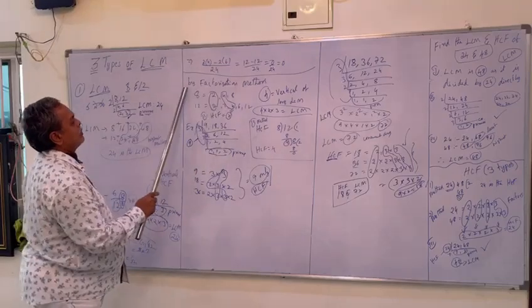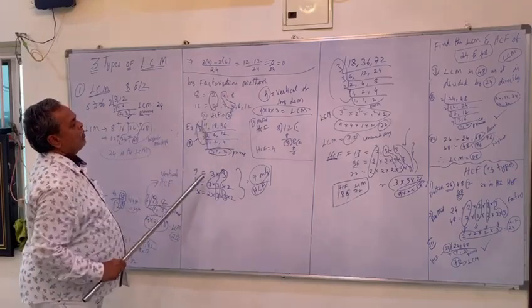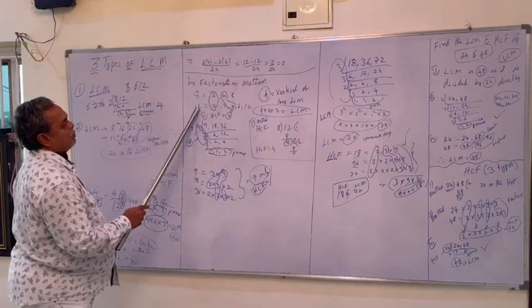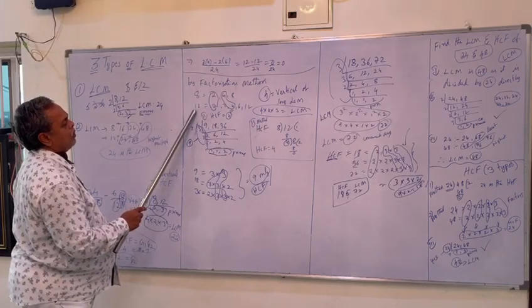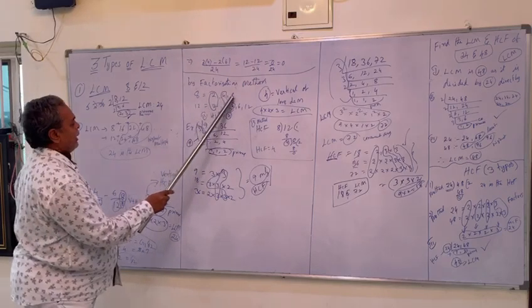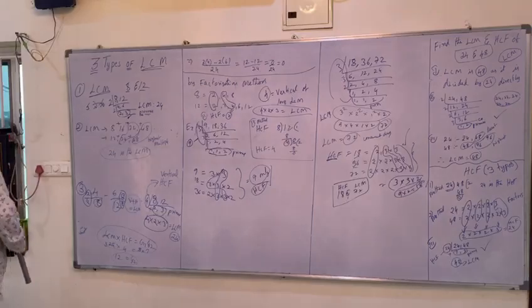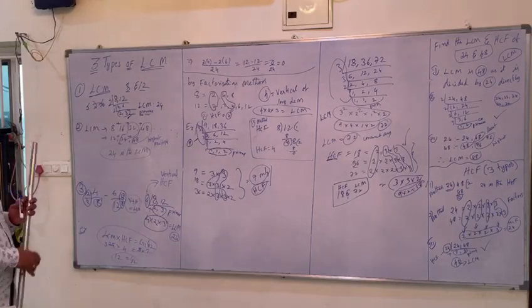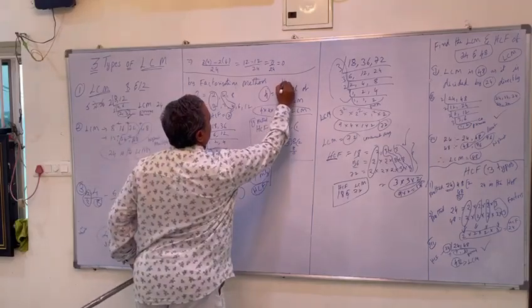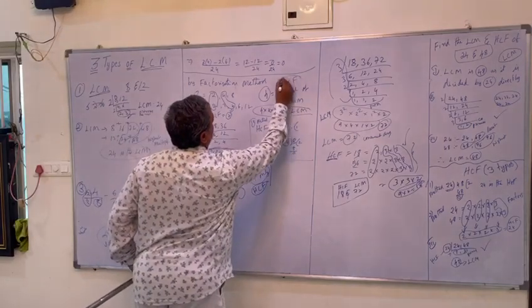Now by the factorization method. For 8 and 12, the factors are 2, 4, 8. Here we have to find the HCF.